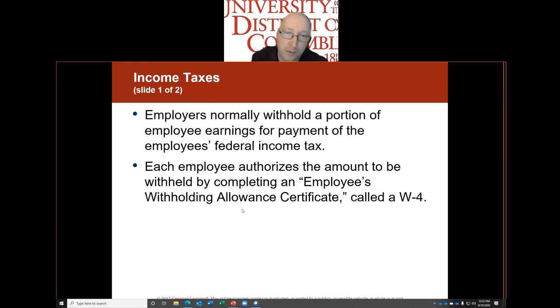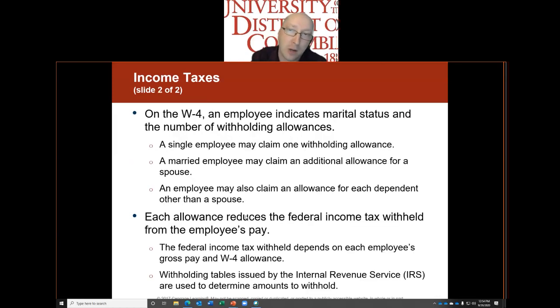Employees authorize this amount by completing the W-4. Every employer in the United States requires you to complete a W-4. The W-4 indicates your marital status and withholding allowances, whether you're single, married, divorced, or head of household, all that good stuff. It also records any federal income taxes withheld.